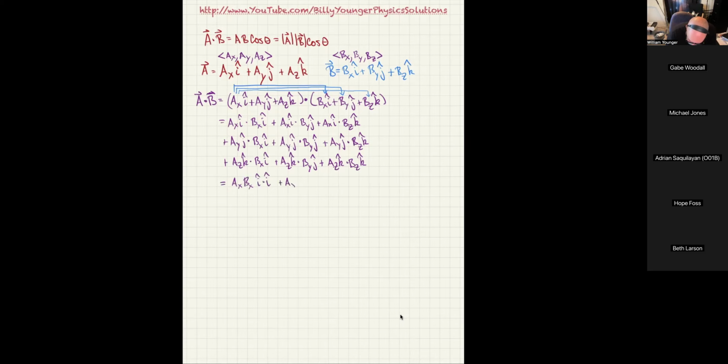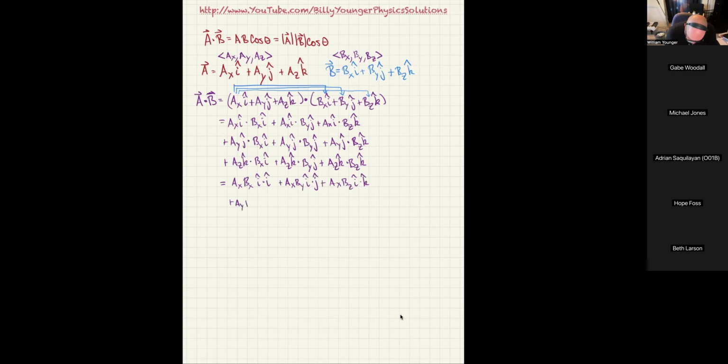Plus I got a_x b_y i-hat dot j-hat plus a_x b_z i-hat dot k-hat. Notice that that makes some sense with the first row of the math I did immediately above it. I'm going to continue on.